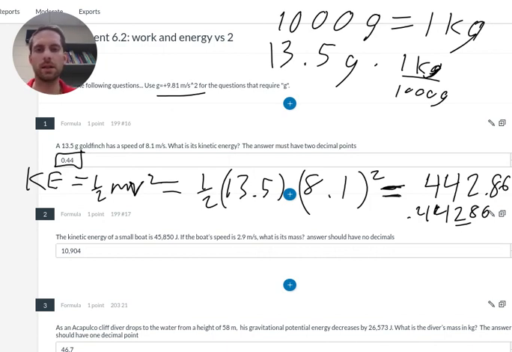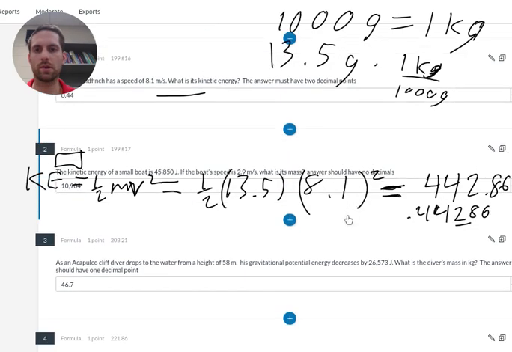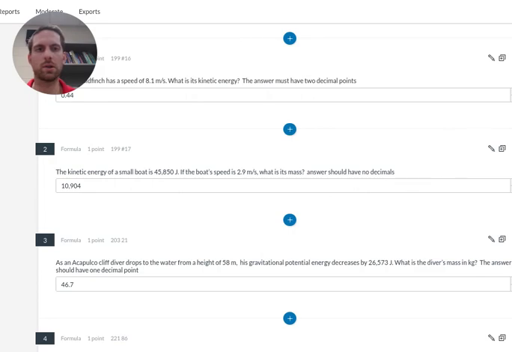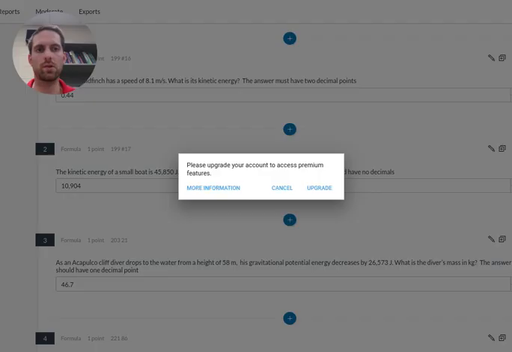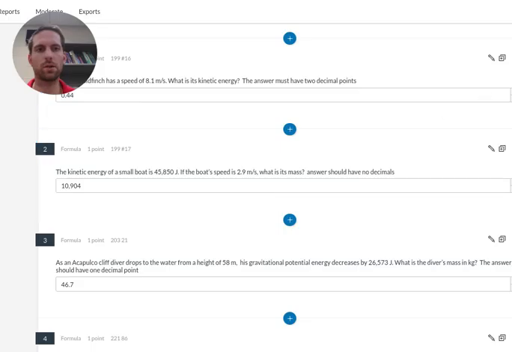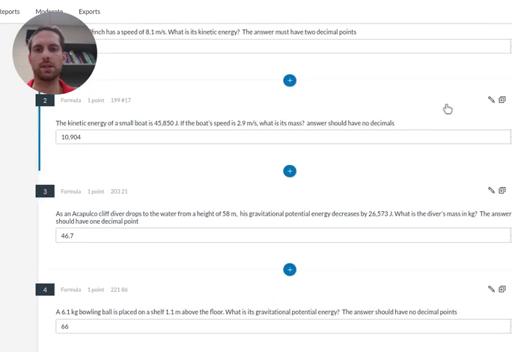So here's number 2. Number 2 is the kinetic energy of a small boat being this value, 45,850. And here's our speed.